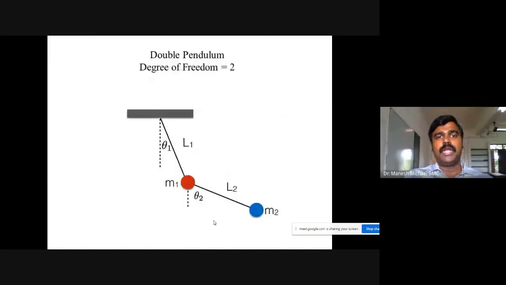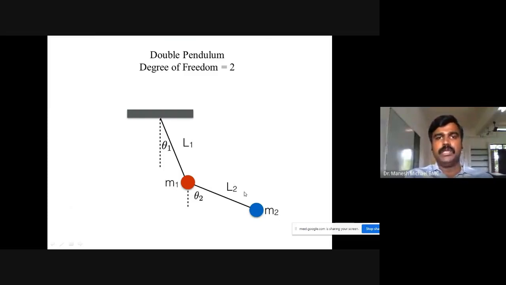Another example is the double pendulum. That is two pendulums oscillating together, where one pendulum is connected end to end to another pendulum. That is known as a double pendulum. What is the degree of freedom of a double pendulum? For the first pendulum you need one coordinate, theta 1, and for the second pendulum you need another coordinate, theta 2, and L1 and L2 remain constant.